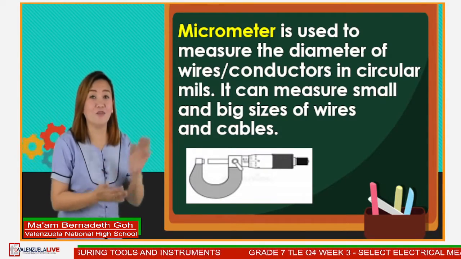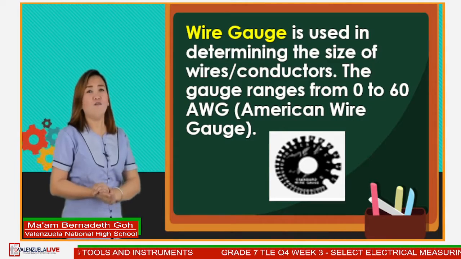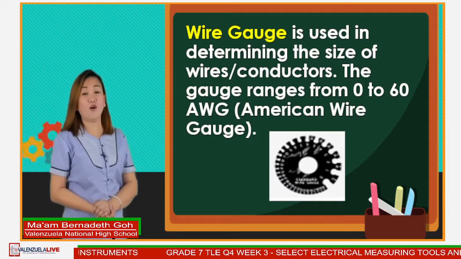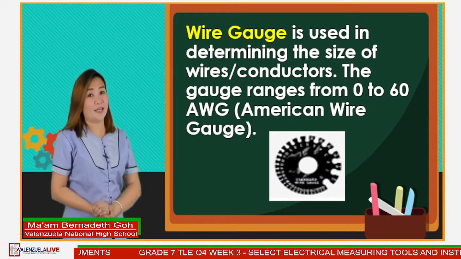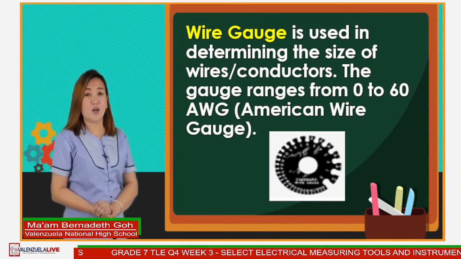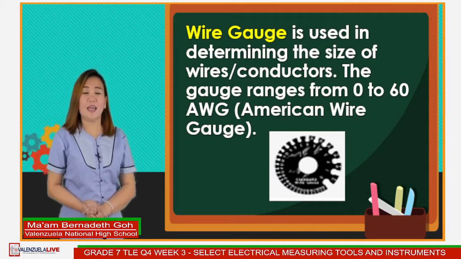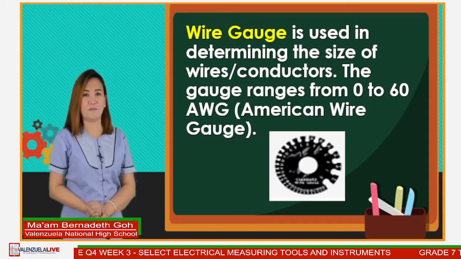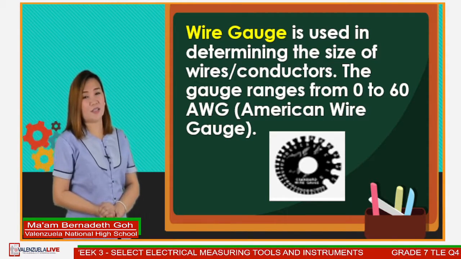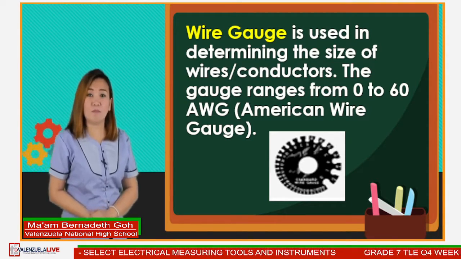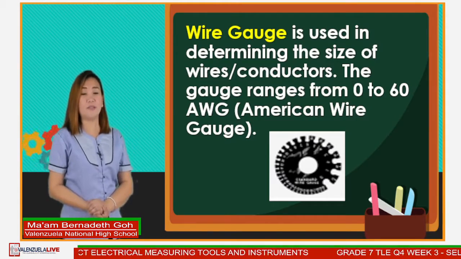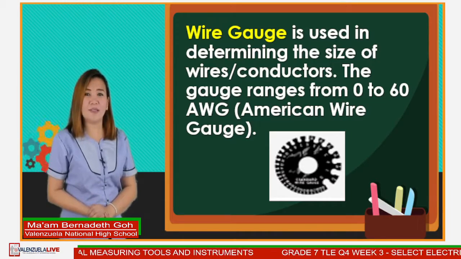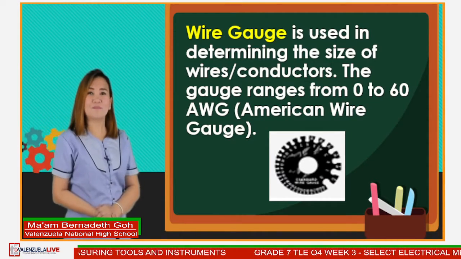We have here the wire gauge. Wire gauge is used in determining the size of wires or conductors. The gauge ranges from 0 to 60 AWG or American wire gauge. The American wire gauge is based on the number of dies originally required to draw the copper down to the required dimensional size.